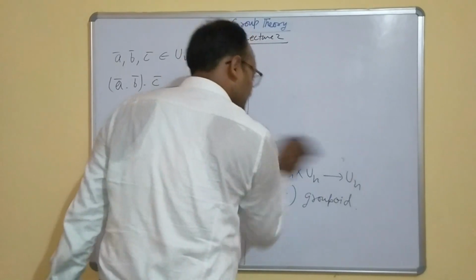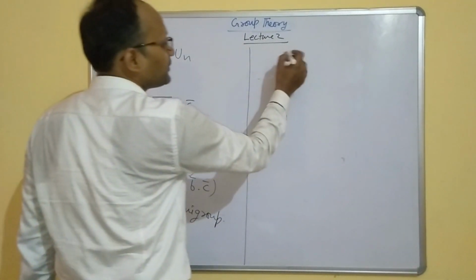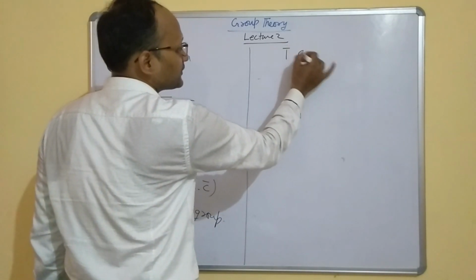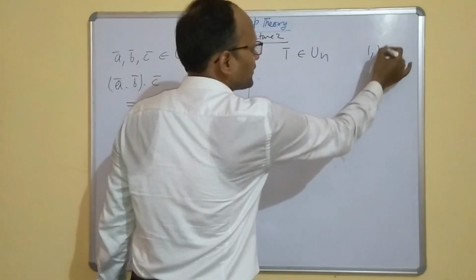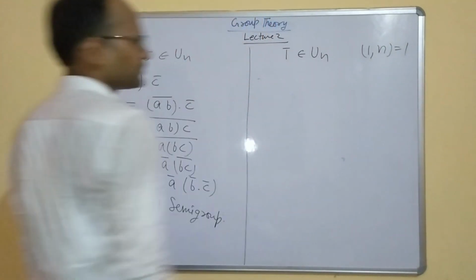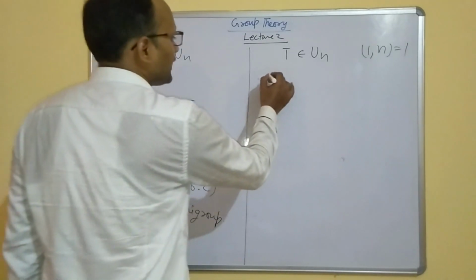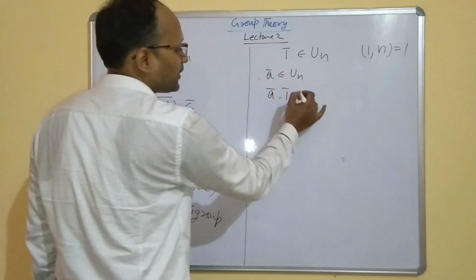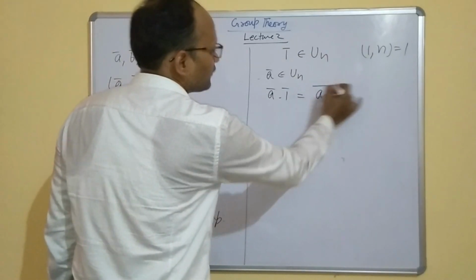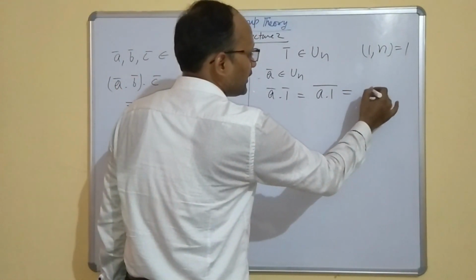Now, in Un there is always an element 1 bar, because the GCD between 1 and n is always 1. So this 1 bar belongs to Un. Take any element a bar in Un, then a bar into 1 bar gives a into 1 whole bar, that is a bar.